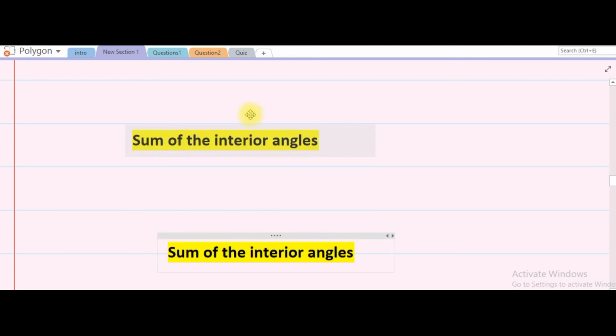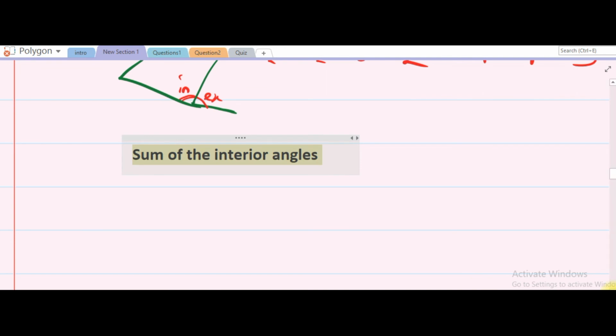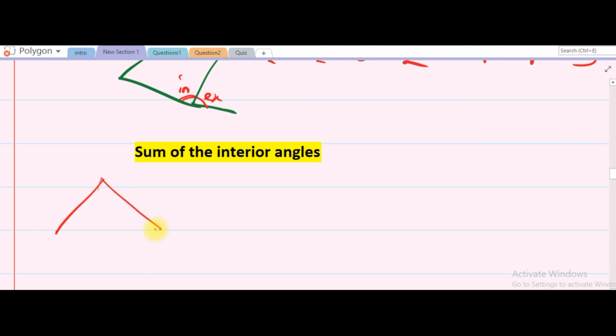The sum of the interior angles of a polygon. With this we use the number of non-intersecting triangles to get it, because if we have a triangle, we know that the sum of the interior angles is 180.